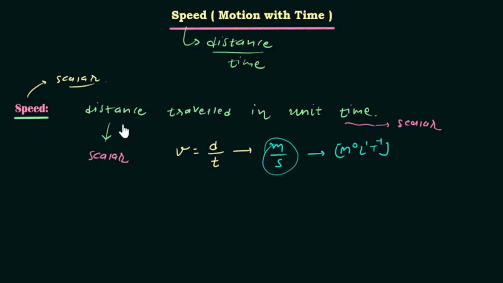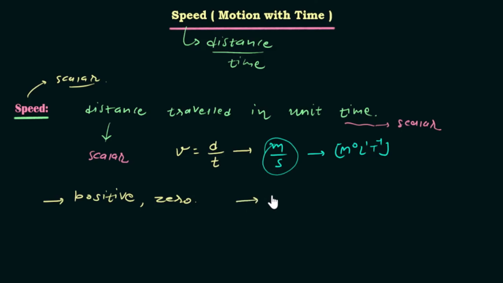Also, if an object is moving, then distance will always increase. In that case, speed will be positive. And if an object is not moving, distance will not change, and in such a case the speed will be 0.